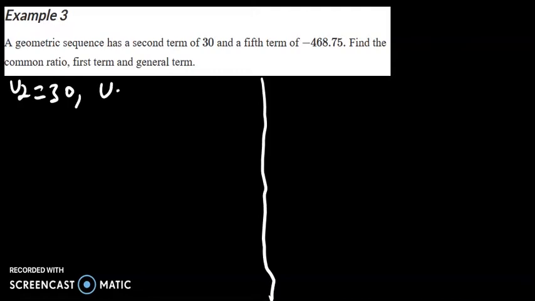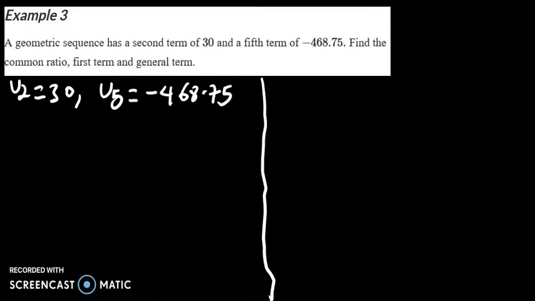And for this one, the geometric sequence has a second term of 30, so u2 equals 30, and a fifth term of minus 468.75. Find the common ratio, the first term, and the general term.